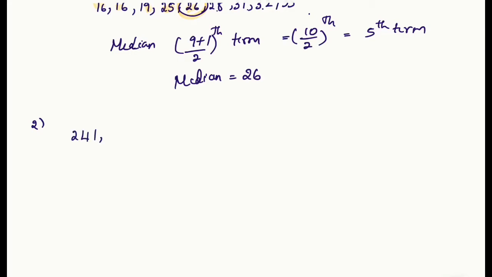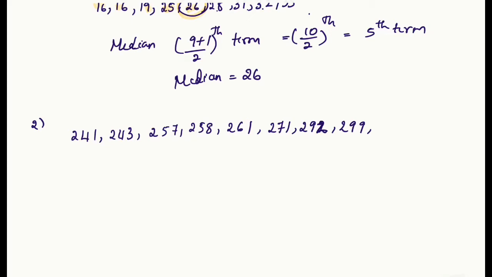First it is 241, next 243, then 257, 257, 258, 261, 261, 271, 292, 299, then we have 327, 347, 350.